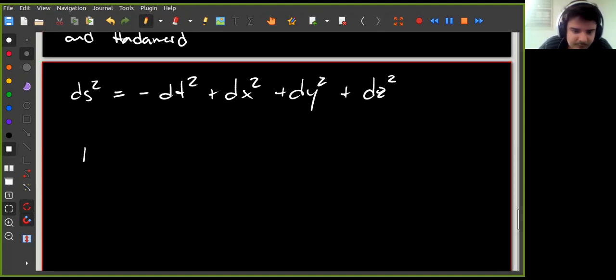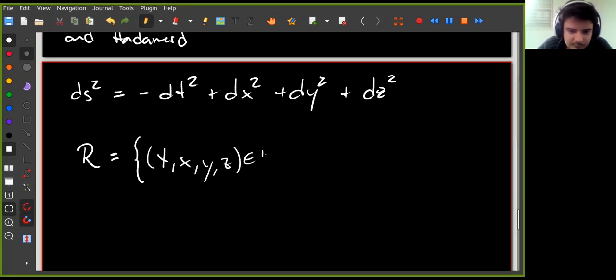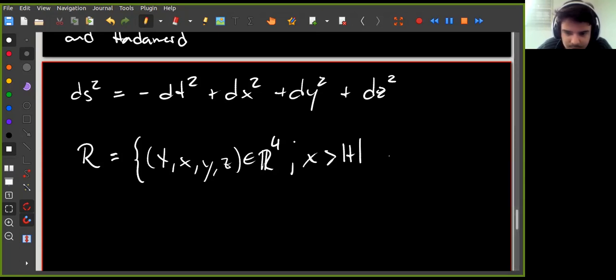We will be interested in a region of Minkowski spacetime, which is called the right Rindler wedge. This is given by those points (t, x, y, z) in R^4 such that x is larger than the absolute value of t.